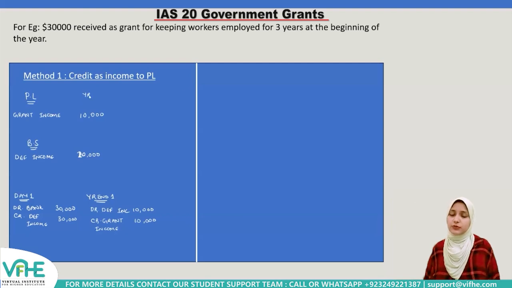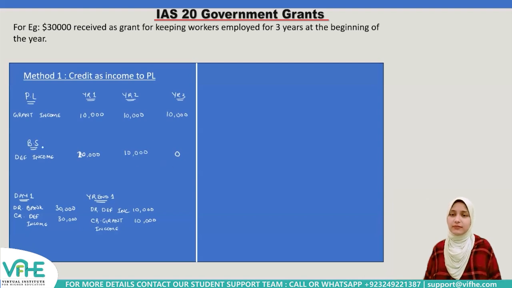Now, if you would want to look at your P&L and balance sheet at year 2, how it would look like is, because you have fulfilled for 1 more year, again 10,000 is what you will be able to record, and your liability will drop by 10,000, which means it will become another 10,000. In year 3, another 10,000 you deserve. So your deferred income will now become nil.